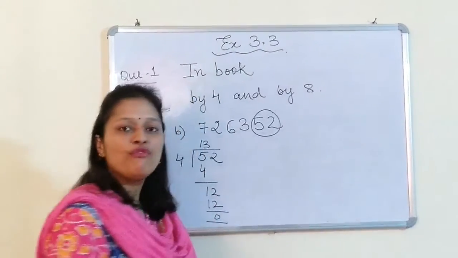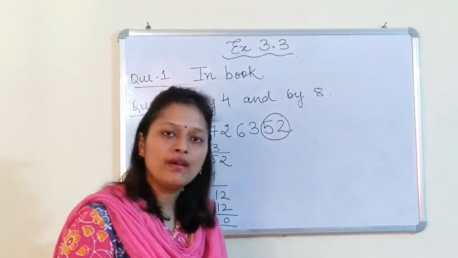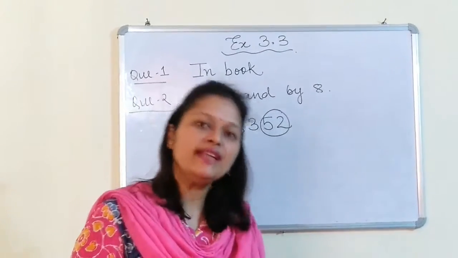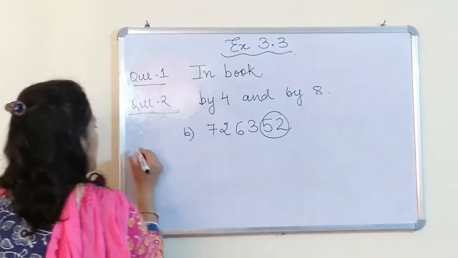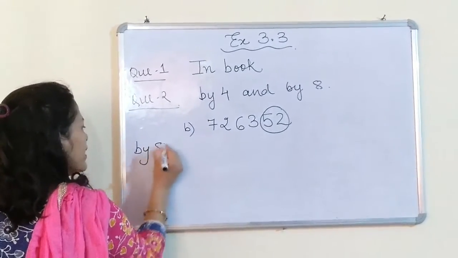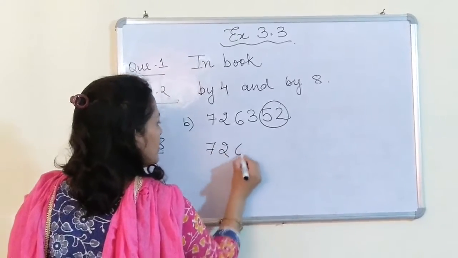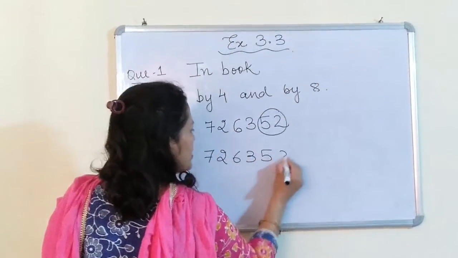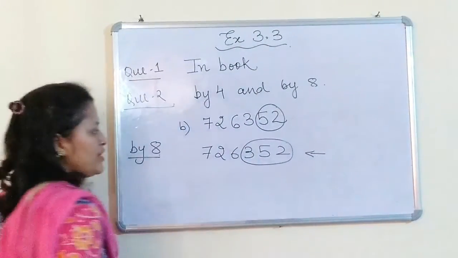Okay, now for checking the divisibility by 8, you will check the number formed by the last 3 digits. Now, let's do it. For checking divisibility by 8, you will check the last 3 digits from the right side, which is 352.